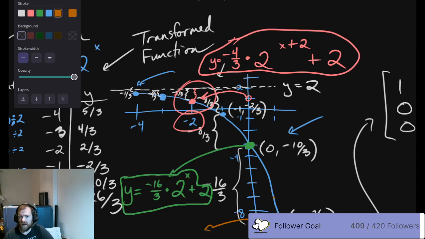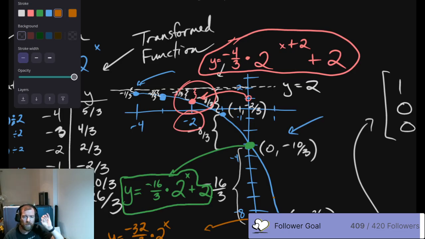Okay, how about the next one? That's, again, 1 comma negative 26 thirds. The distance is going to be negative 32 thirds. So y equals negative 32 thirds times 2 to the x. In this case, we are shifting now to the right.